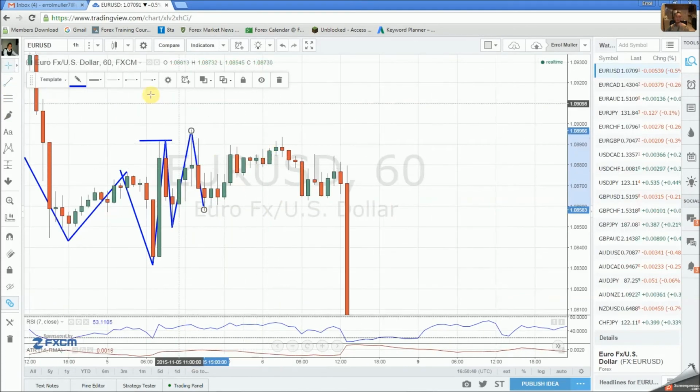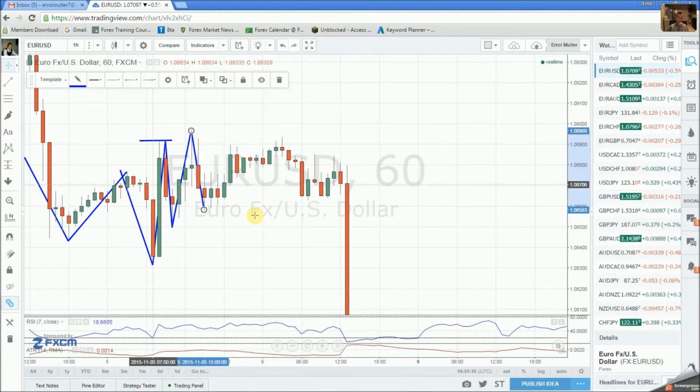In order for me to classify this point here as a new structure high, I need this bullish candle, this green candle here, to break above and close above my previous swing high, not the close of the previous structure high, but the spike of this previous swing high. I need this green candle to close above the spike here in order to classify this as a new structure high.